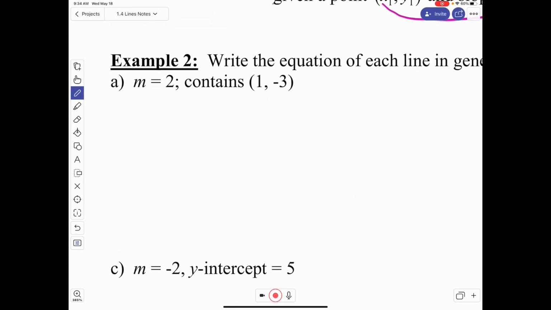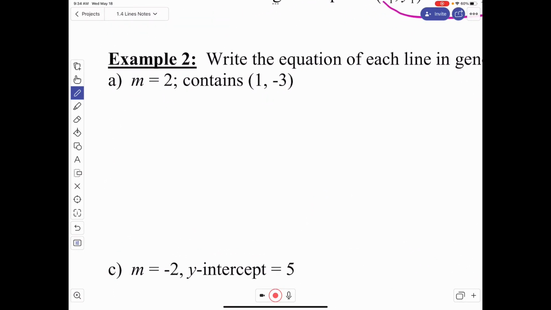So on our first example here, being that we're given a point and a slope, we're going to put it in point slope form. So here is x and y. This is considered to be x1, y1. So we'll do y minus negative 3 equals m times x minus 1.